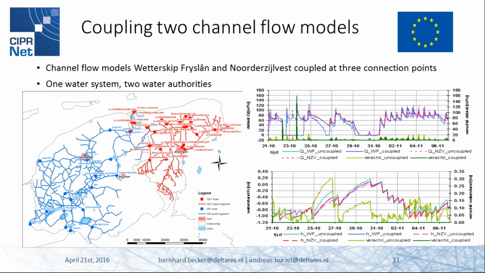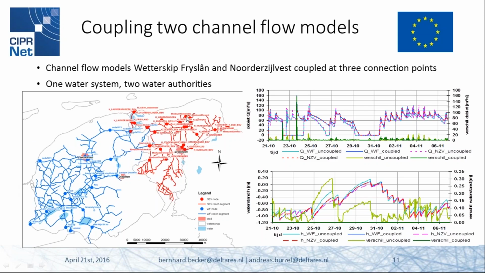And we start with such an example here. This is the first example case where we have the coupling of two channel flow models. Here on this map you see the channel flow models for the water authority Friesland, the blue model, and water authority Noord-Zuidwest, the red model here.